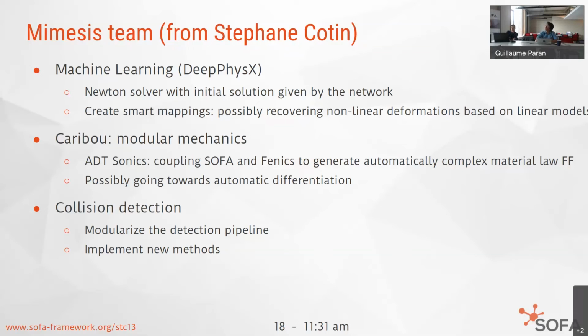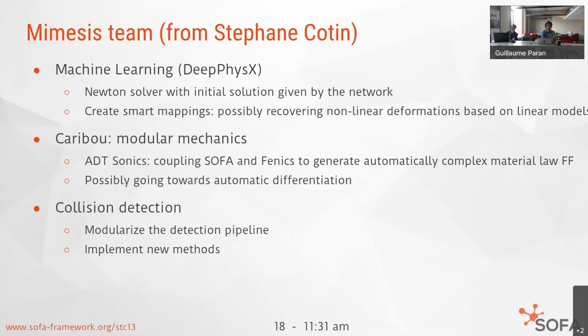Another topic is going towards automatic differentiation, especially for machine learning approaches. And a wish list, more a wish than a really technical topic, that Mimesis is going to address: collision detection.